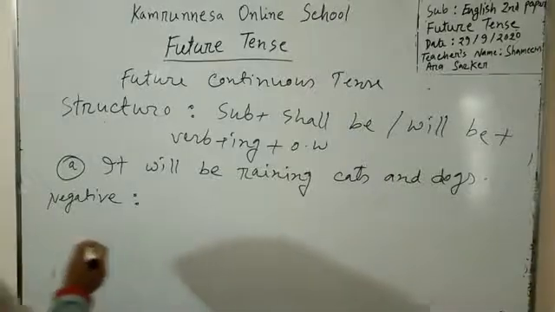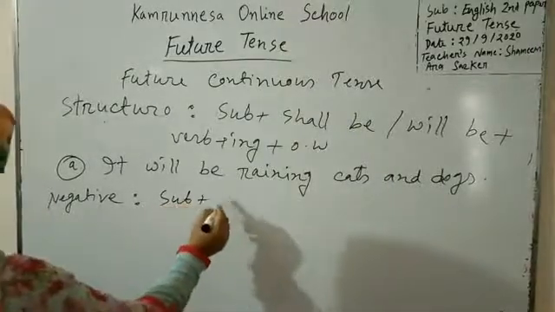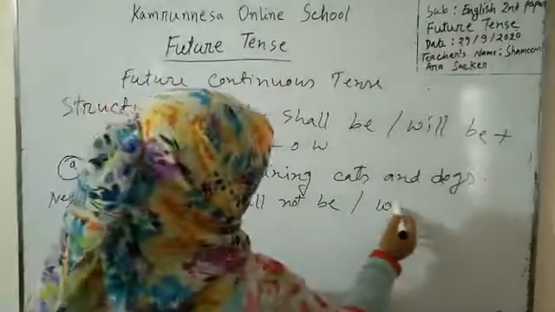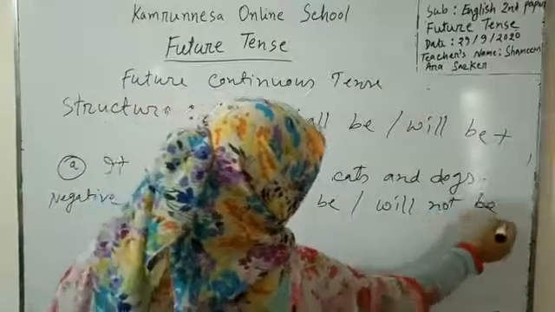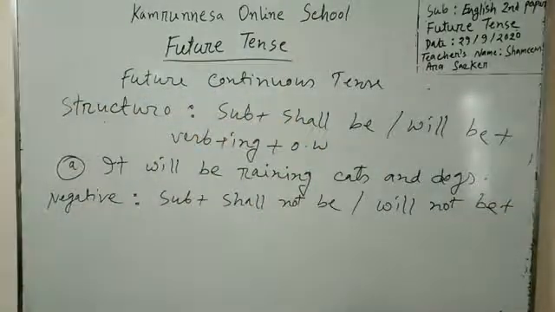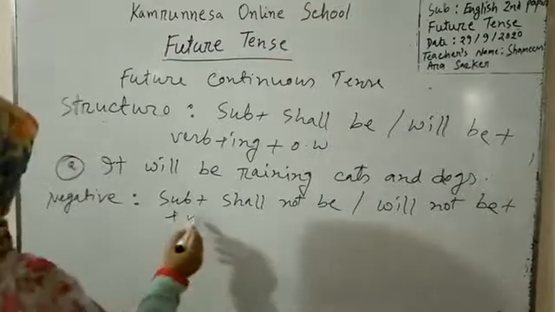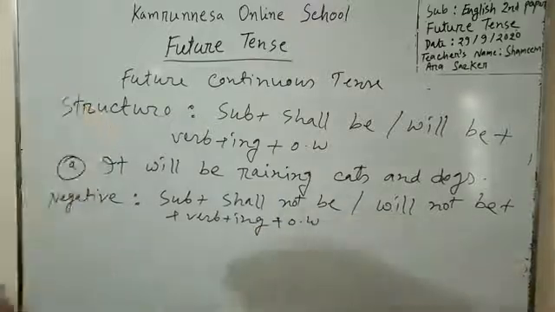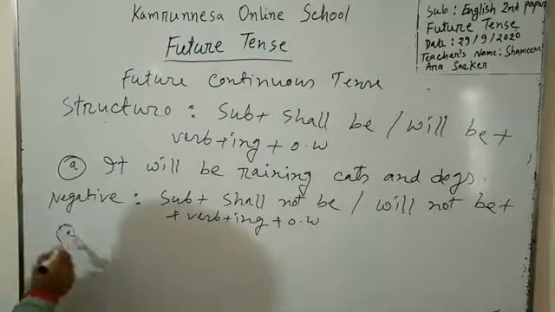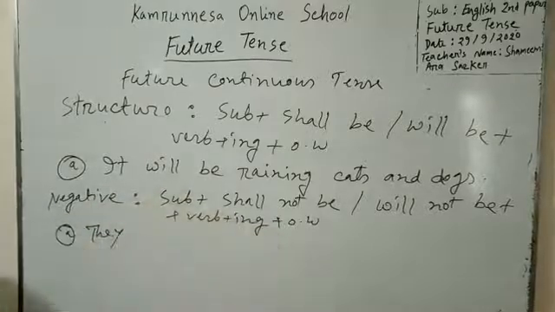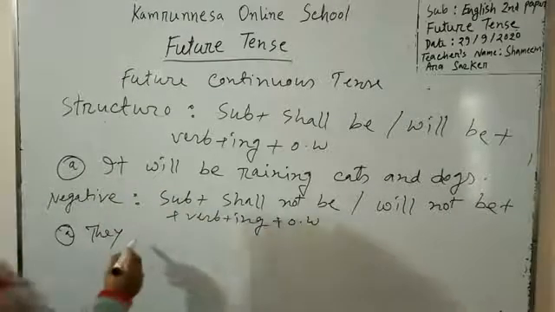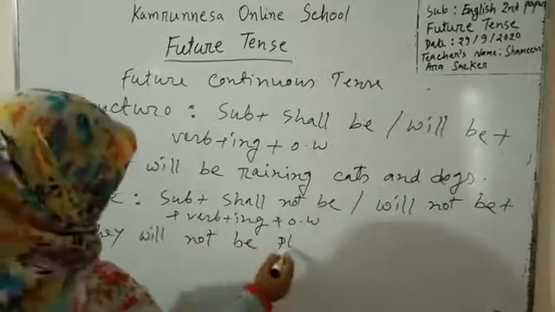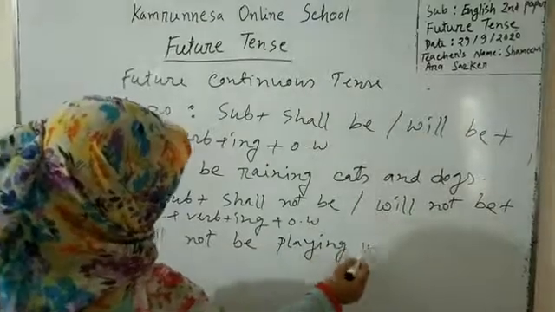Structure of negative sentence. Subject plus shall not be or will not be plus verb plus ing plus other word. Okay? Look at the example. They will not be playing in the field.